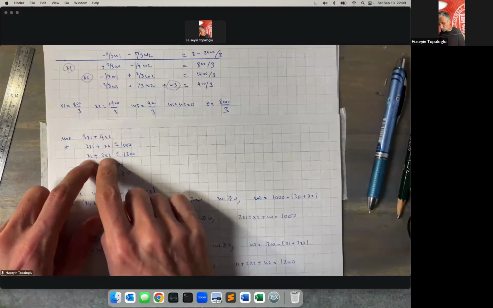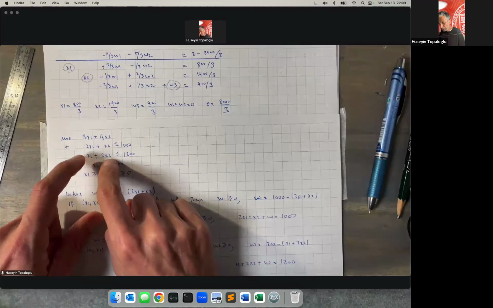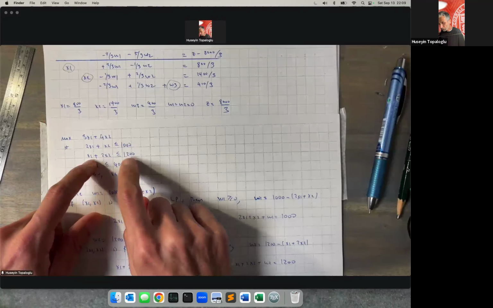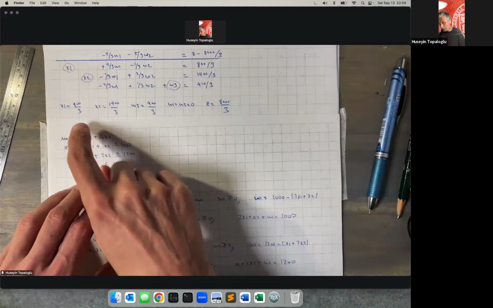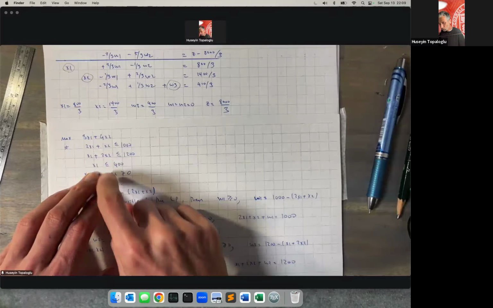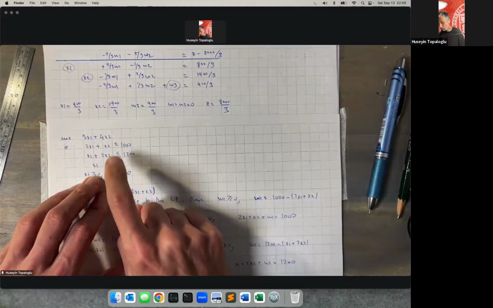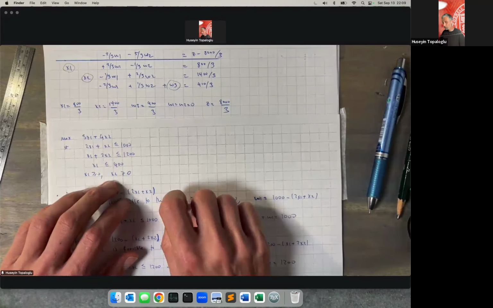How about this one? x1 plus 2x2, 800 divided by 3 plus 2 times 1400 divided by 3, 800 plus 2800 divided by 3, that is 3600 divided by 3, which is 1200. 1200 is less than or equal to 1200. We satisfy this constraint as well. x1, 800 divided by 3, that's 266.666. That's indeed less than or equal to 400. So this solution is feasible to the linear program that we would like to solve.